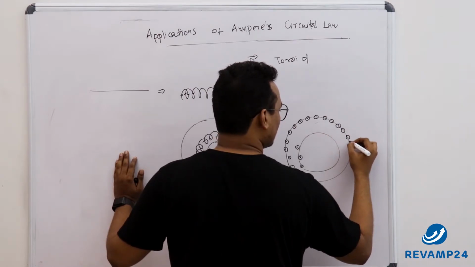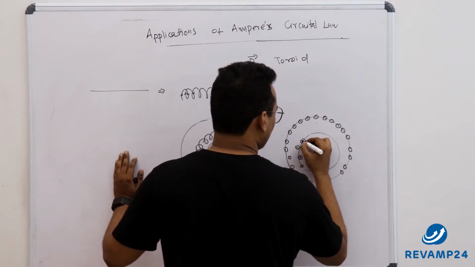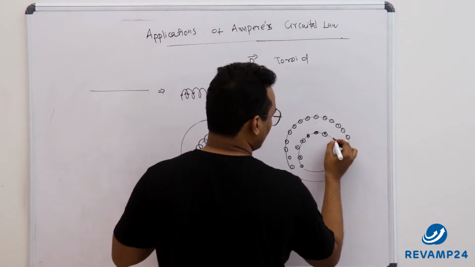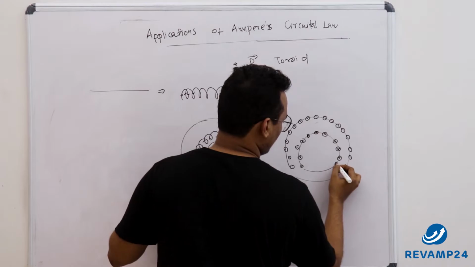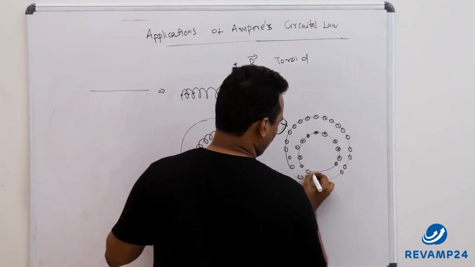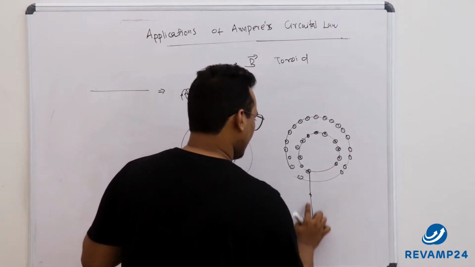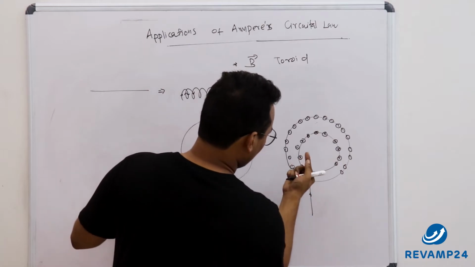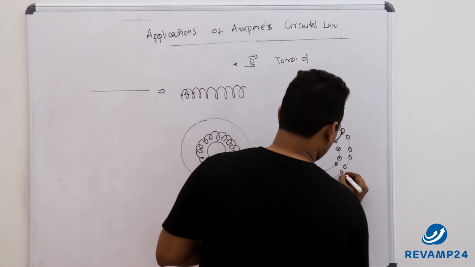I'm just cutting and seeing the cross section and how the current goes. I will explain it once again. Let's say the current entered, gone into the plane, then coming out. See this one, from here it is coming out.